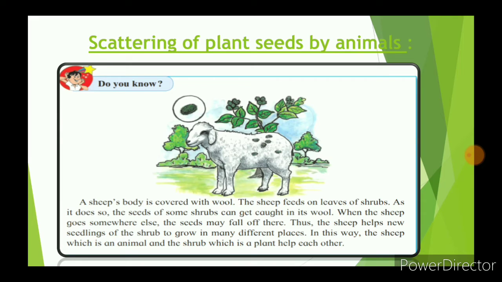When the sheep goes somewhere else, the seeds may fall off there. Thus, the sheep helps new seedlings of the shrub to grow in many different places. In this way, the sheep, which is an animal, and the shrub, which is a plant, help each other.